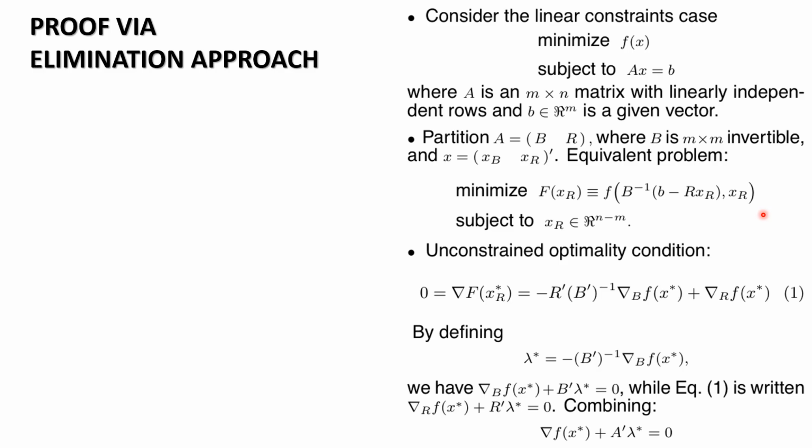First order optimality condition for unconstrained minimization, in which the gradient of f at xR star is equal 0, and we are applying the chain rule here, and then we will receive an equation, call it 1, and define the Lagrange multiplier as follows.